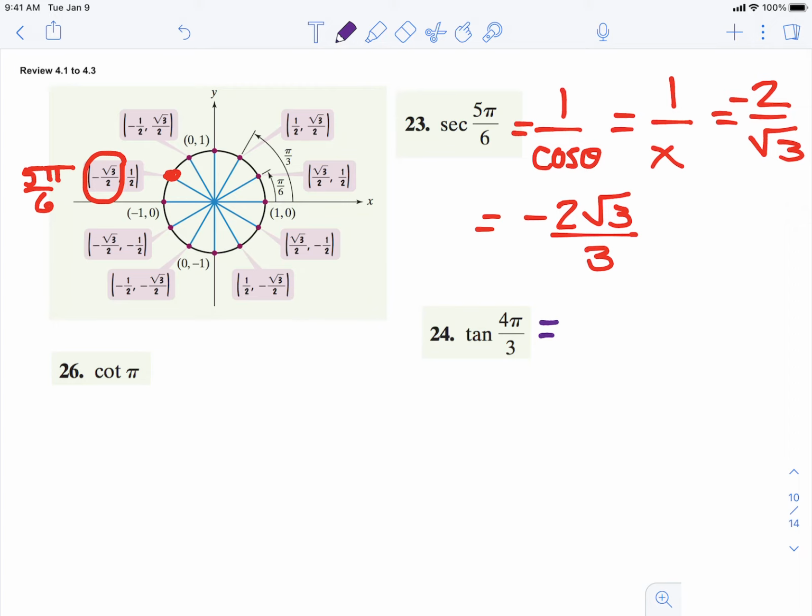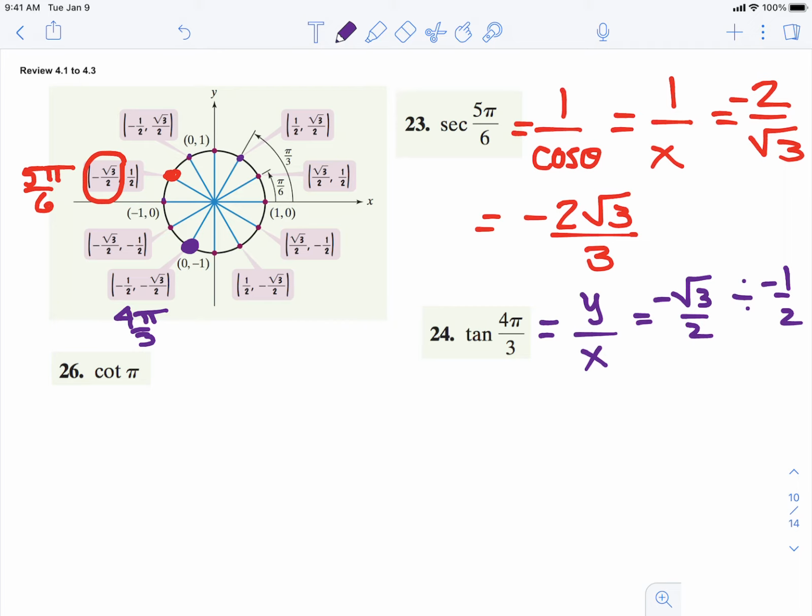So to do the tangent, you're going to do the y over the x. You want to find 4 pi over 3. So we're going to count. Pi over 3, 2 pi over 3, 3 pi over 3. This is 4 pi over 3. So we're going to take the y, negative square root of 3 over 2, and divide it by the x, negative 1/2.